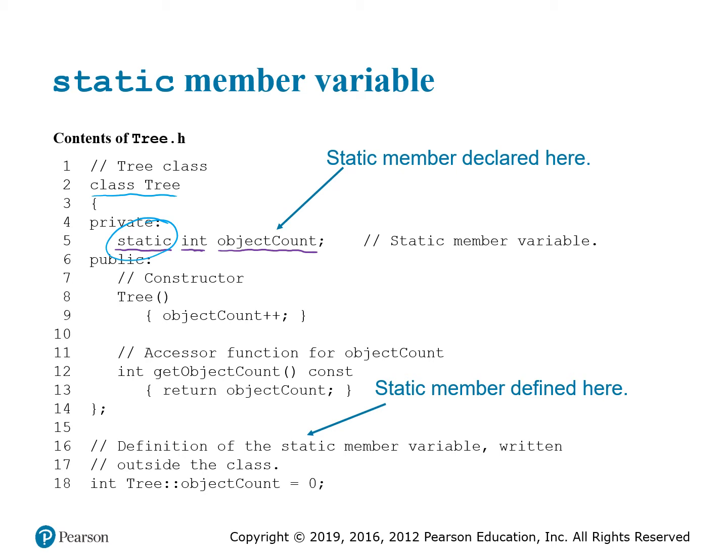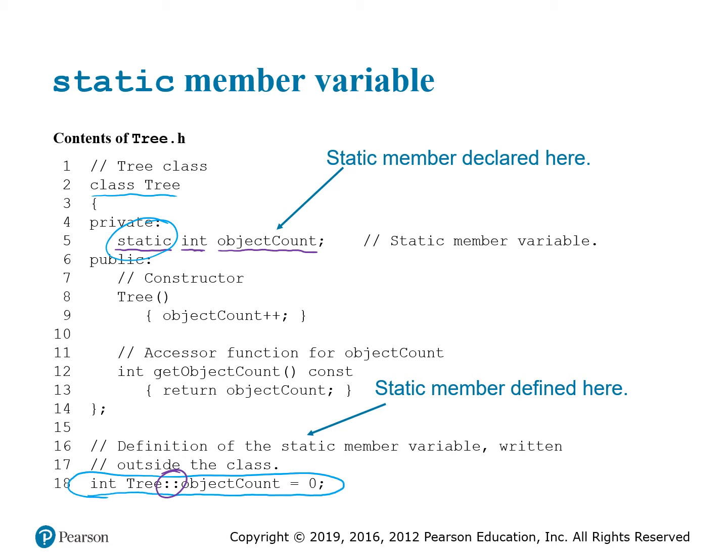Unless it's a constant, you have to define the initial value of it here outside the class. So we can put int Tree::objectCount = 0. And again, there's that C++ scope operator telling the compiler that objectCount belongs to the class Tree.